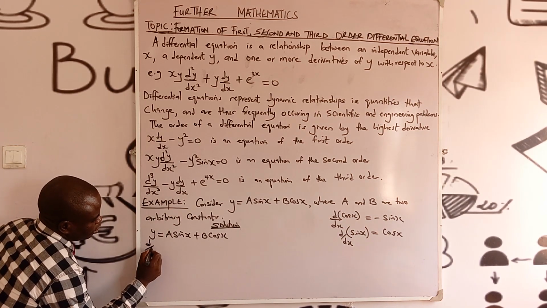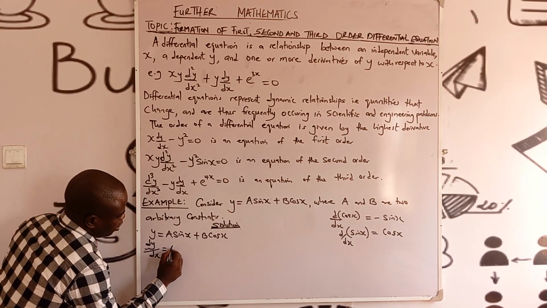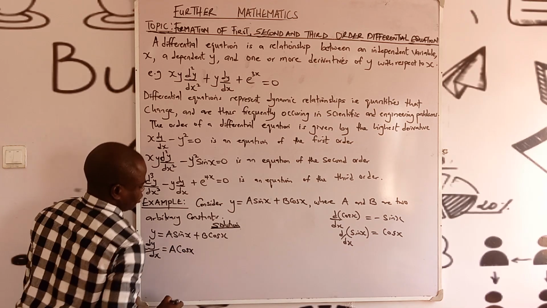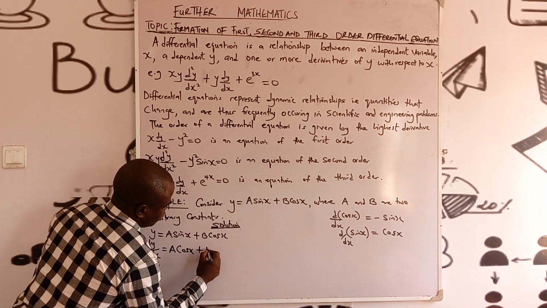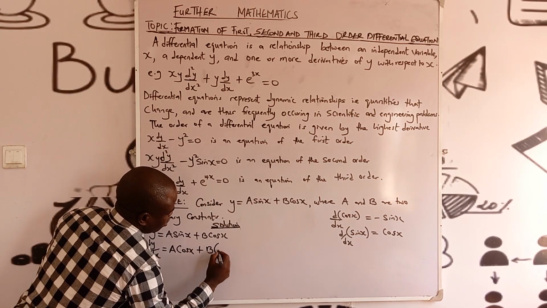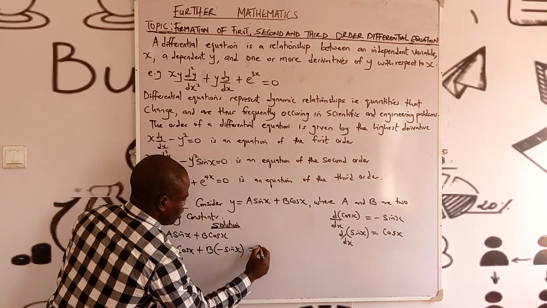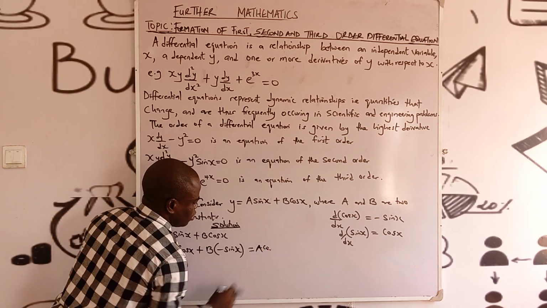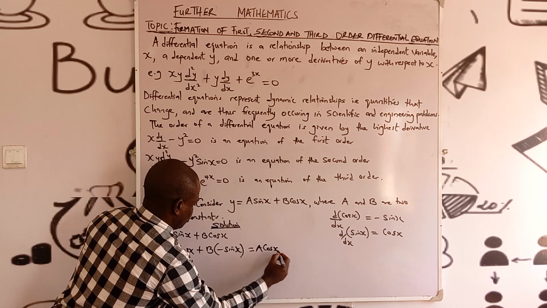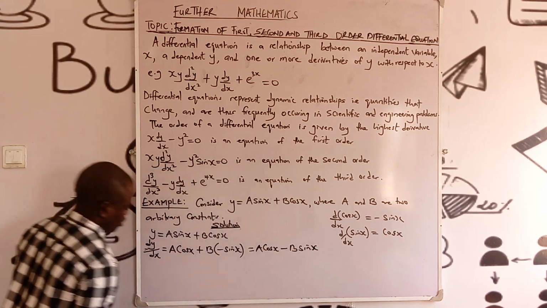dy over dx equals a cos x plus b times the derivative of cos x, which is minus sine x. So we have a cos x minus b sine x.